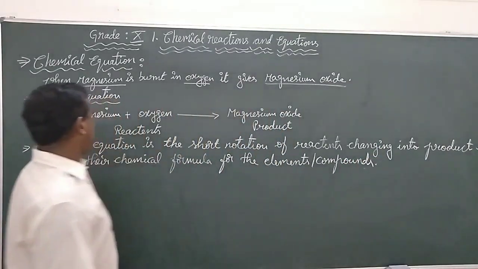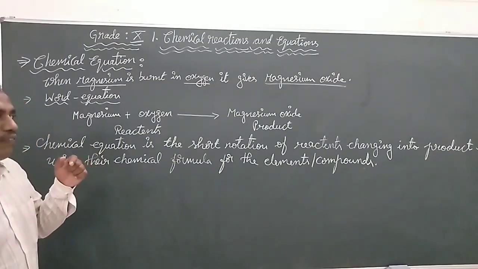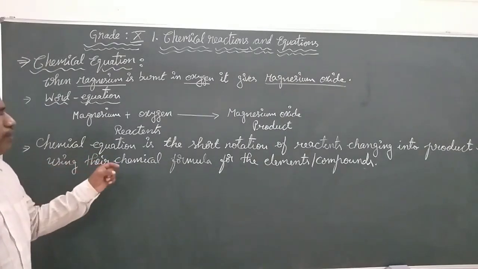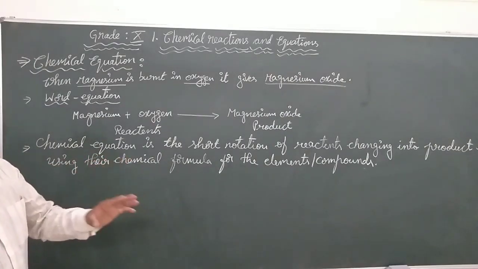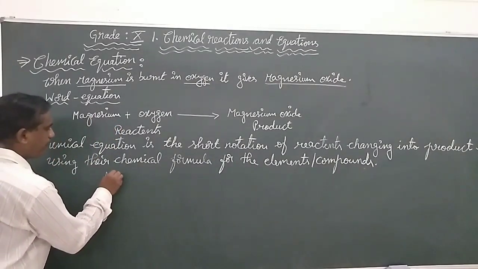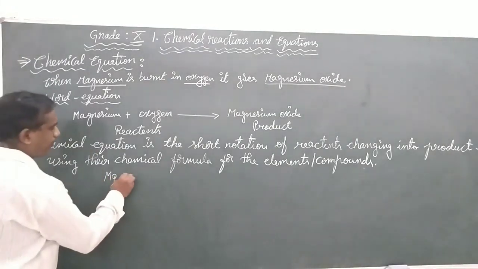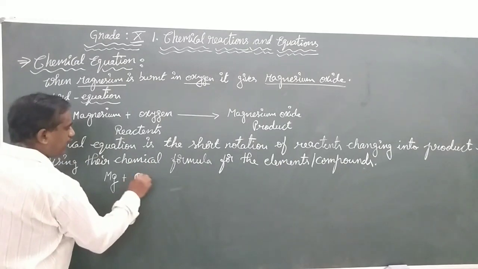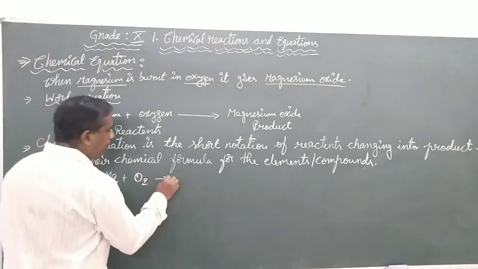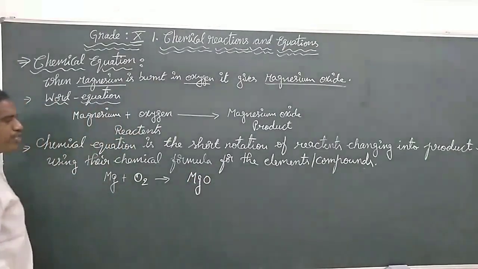So what can we define the chemical equation as? A chemical equation is the short notation of reactants changing into products using their chemical formula for the elements or compounds. For magnesium, we can use only its symbol. Mg is the symbol for magnesium. Oxygen is diatomic, so we represent it as O2. Magnesium oxide, we represent as MgO.